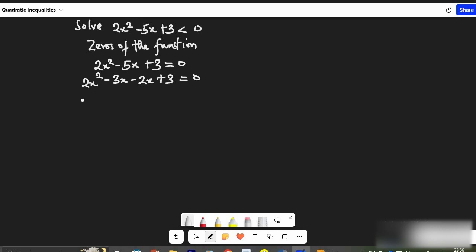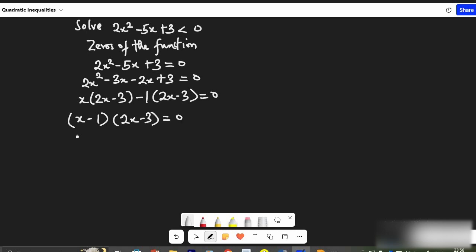Okay, so this is x into 2x minus 3 minus 1 into 2x minus 3 equals 0. Minus 1 equals 0, x equals 1. So x equals 3 over 2. So we have that the roots or zeros of the function are 1 and 3 over 2.